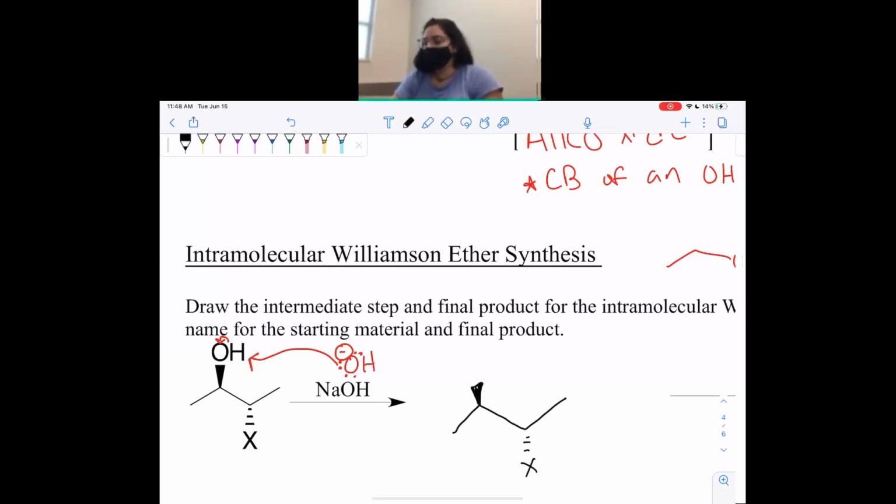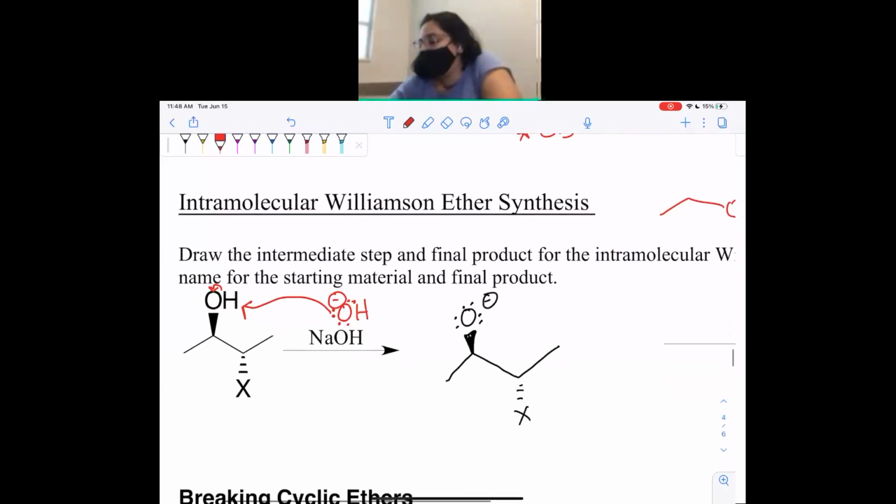And we now have an O minus. So at this point, our O minus, we know, can act like a nucleophile. So it's actually going to go ahead and attack this carbon because this is where we have a leaving group.